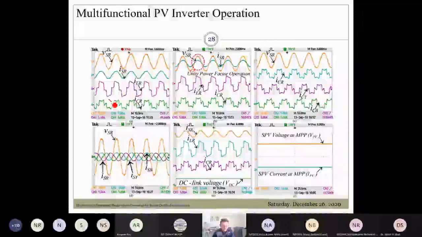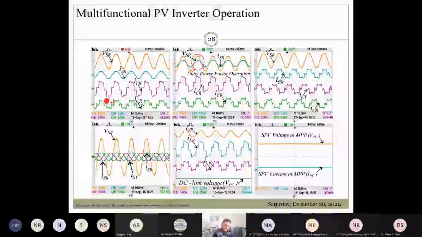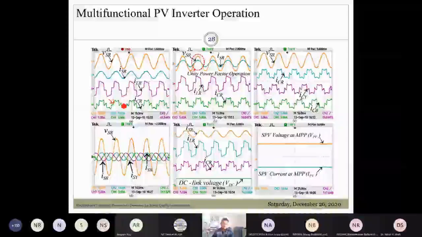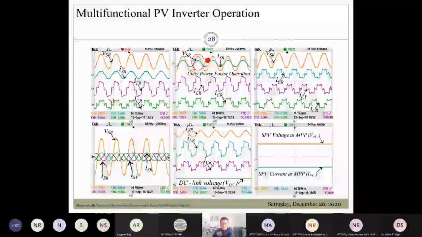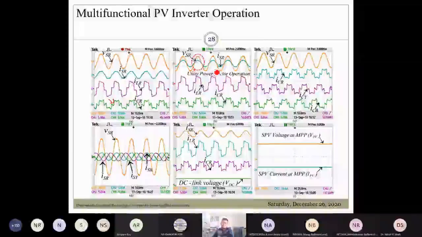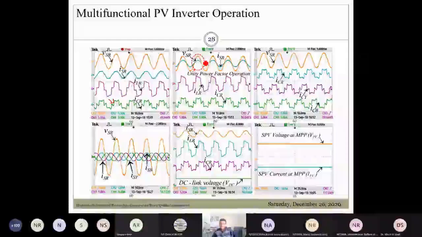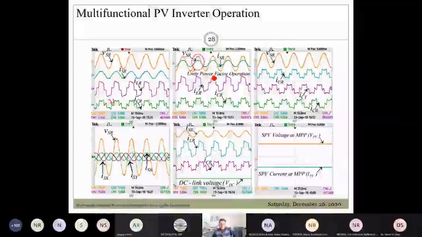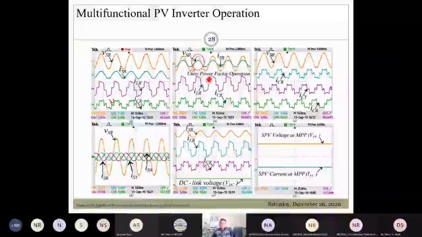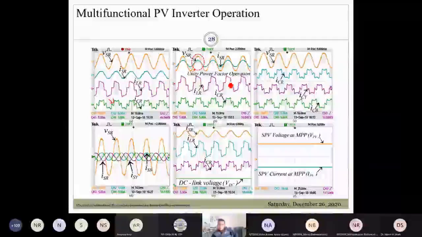So in this magnitude here, you have the active component of the current, reactive component of the current, and harmonic component of the current. In fact, even in case of the multifunctional PV inverter operation, again the grid current is in phase with the grid voltage, so unity power factor operation is ensured even during the active power injection.